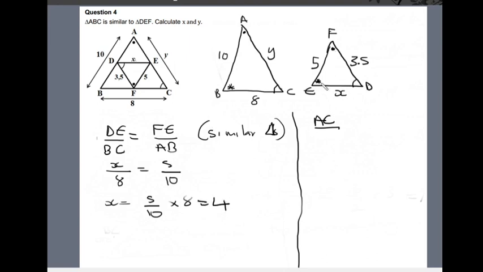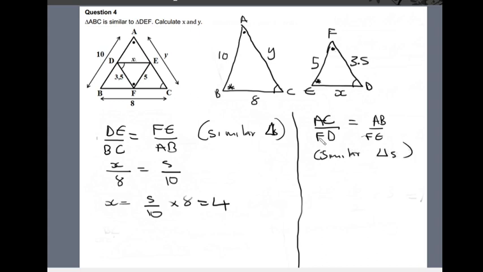Okay, and then to calculate y, AC over FD is equal to AB over FE, right? The reason is that we have similar triangles. We always need to give reasons for geometry, right? So the reason is similar triangles.